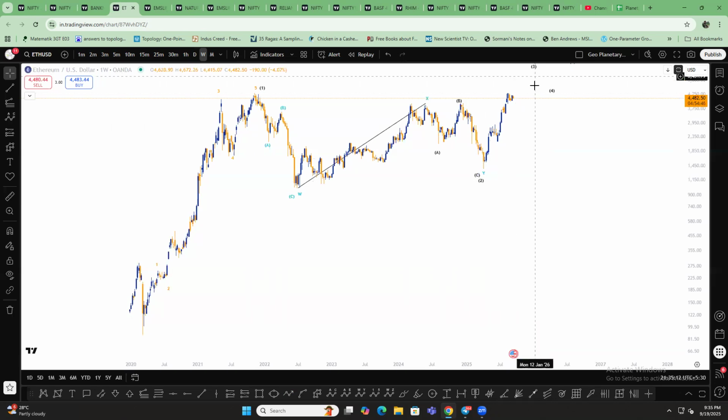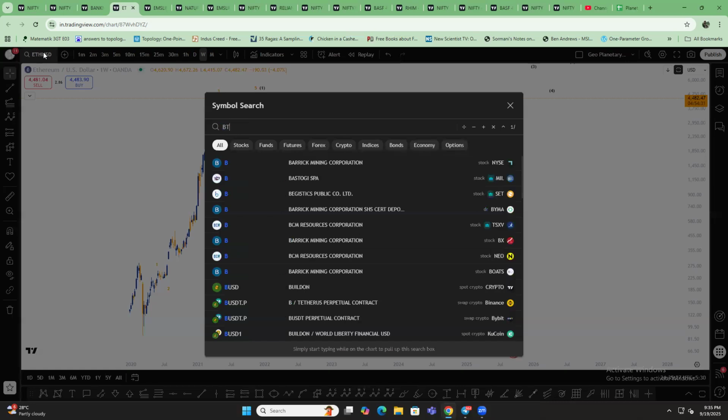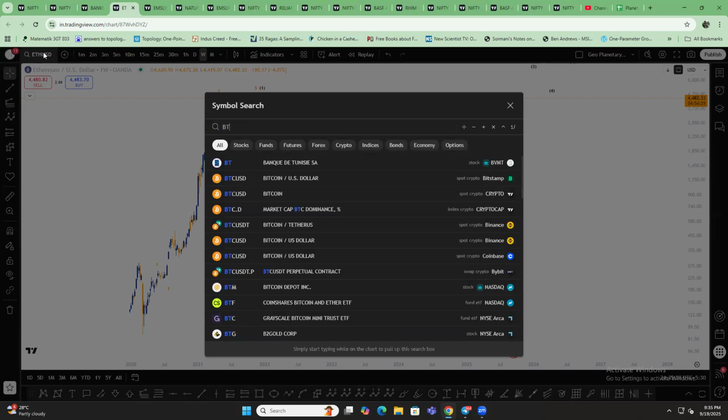And this is actually the best journey that Ethereum has started. So we can always expect a pullback to enter and invest in this cryptocurrency, right? And the final one is our favorite, Bitcoin, right?